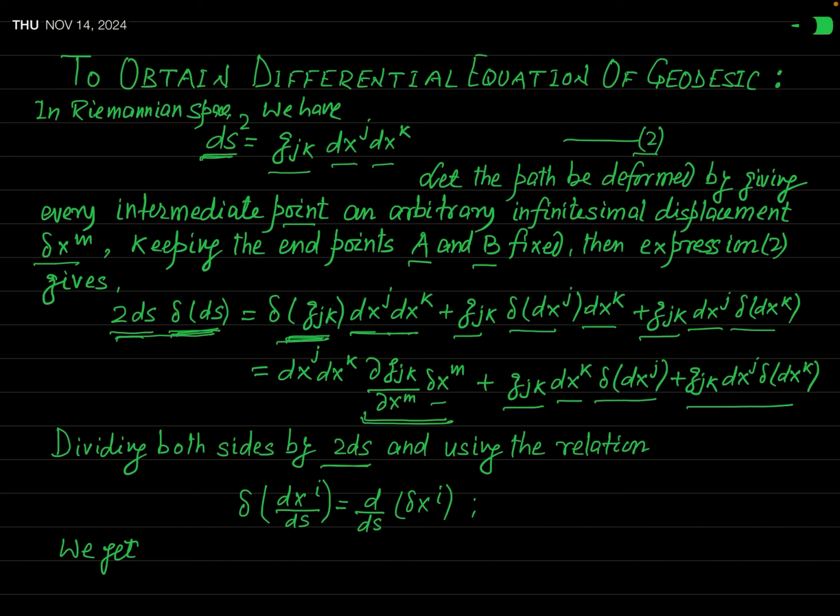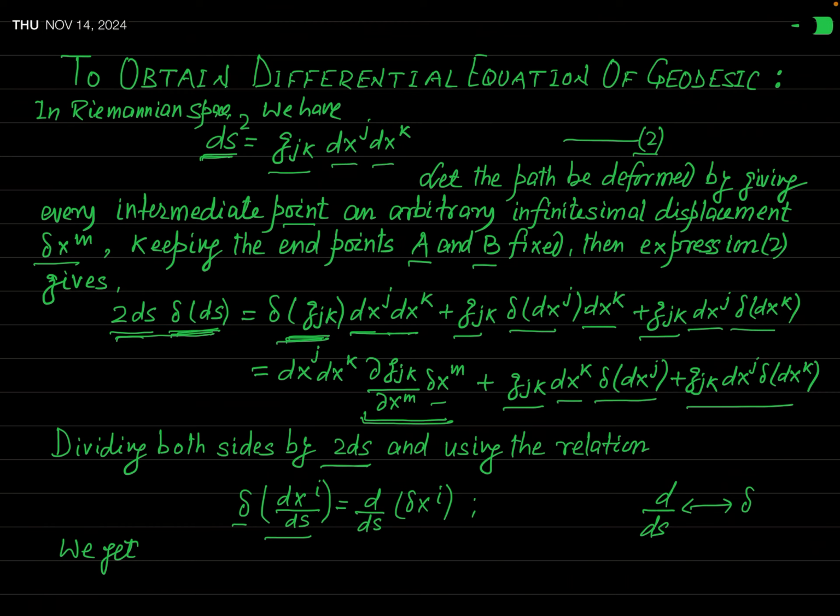You know, the operator d/ds, mark it, the operator d/ds and the operator delta are interchangeable. If you write delta operated on dx^i by ds, what are you doing here? First of all, we differentiate this x^i with respect to s, and then we operate the delta variation operator.